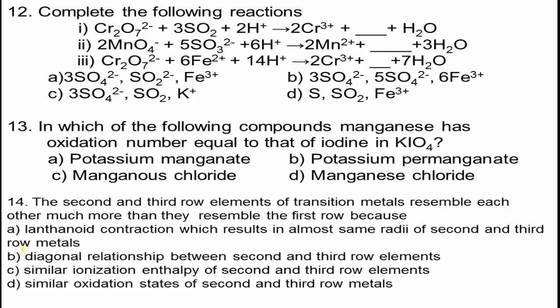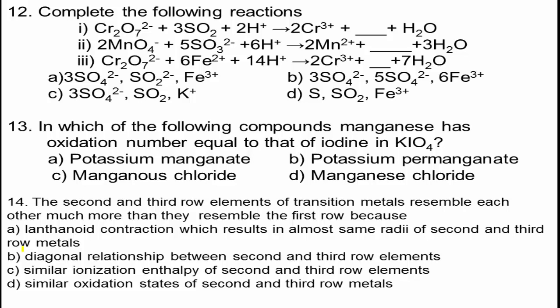In the second reaction, 2 MnO4 minus, 5 SO3 2 minus and 6 H plus give 2 Mn2 plus and 3 moles of H2O. In the third reaction, Cr2O7 2 minus plus 6 Fe2 plus and 14 H plus give 2 Cr3 plus and 7 moles of H2O.